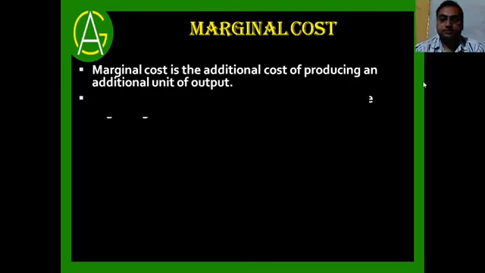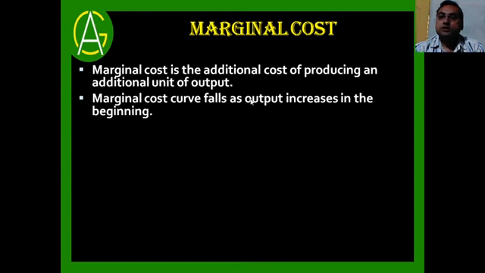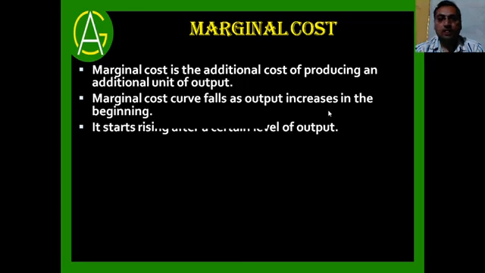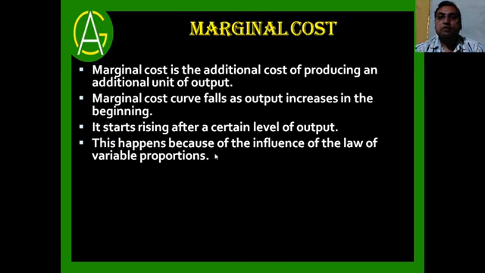Now the marginal cost curve first falls as output increases. As we start increasing the production, the marginal cost curve will fall at the beginning, and then after reaching a minimum level it will again start rising. So why does this happen?